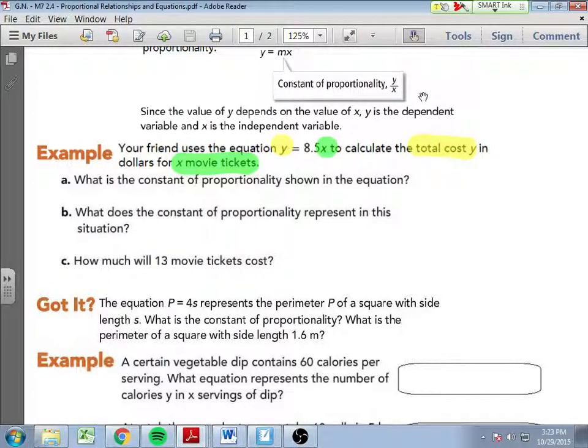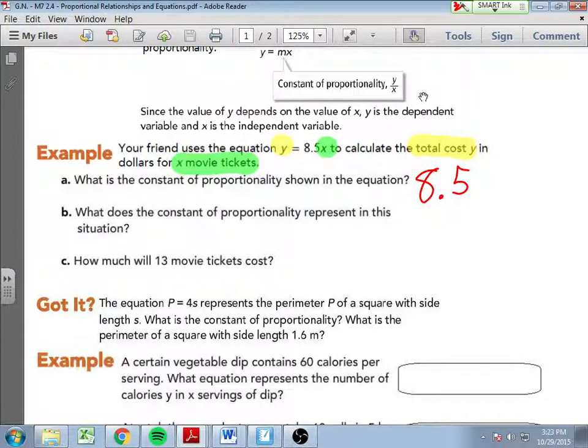So here, what is our constant of proportionality? Jennifer, what's our constant of proportionality in that equation? Yeah, it's the 8.5. So now Alpha, do you know what that 8.5 would represent in this situation?